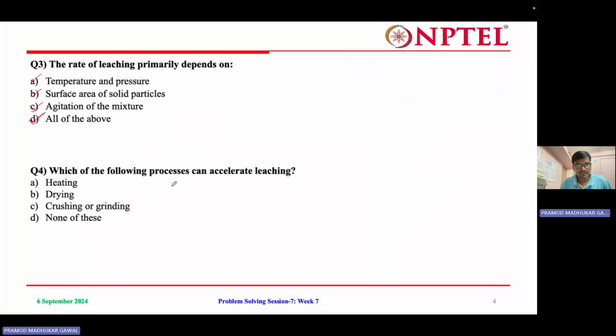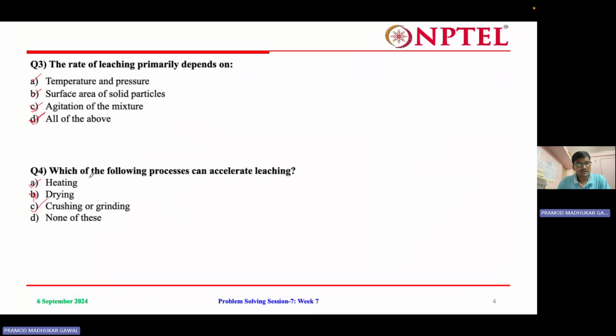Question 4, which of the following processes can accelerate leaching? Here, drying is a phenomenon to remove the moisture from the solid surface, right? So this is not. Heating and crushing and grinding can both accelerate leaching, because heating improves the solubility of solute in the solvent and also improves the diffusivity.